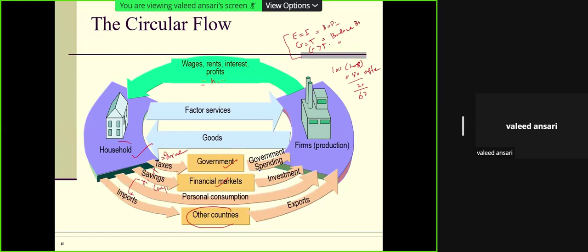So they get affected more. India also gets affected, but since our dependence on the foreign trade sector is less, the effect of the financial crisis is felt less severely by our country.